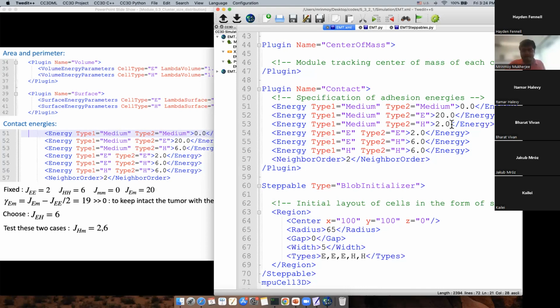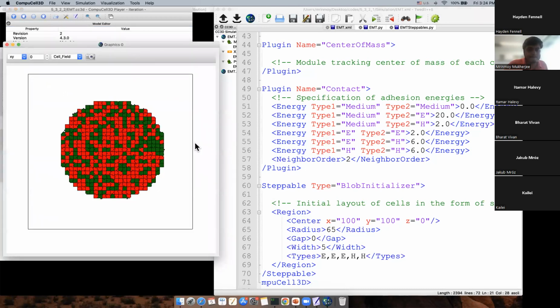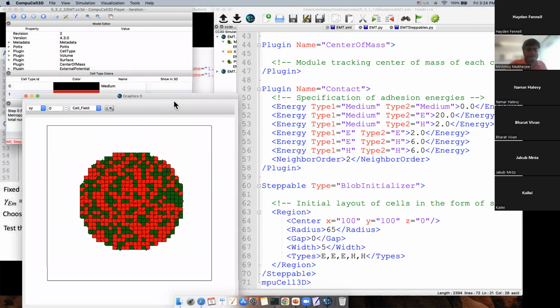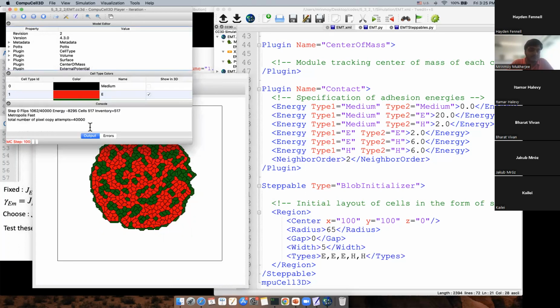And try to run. Are you getting the initial configuration like this? No, no, you can just run it.